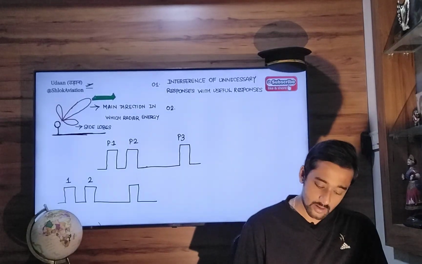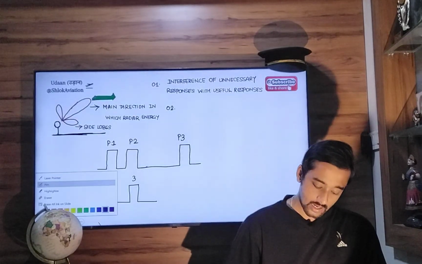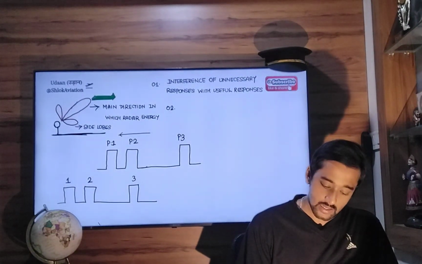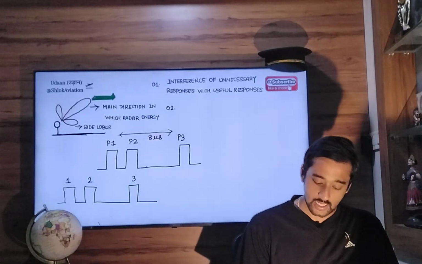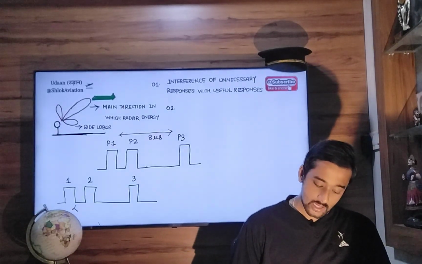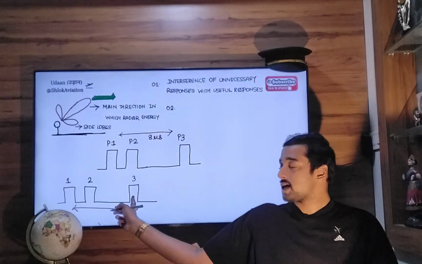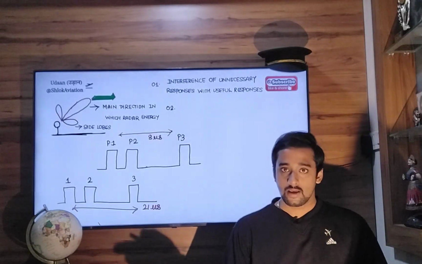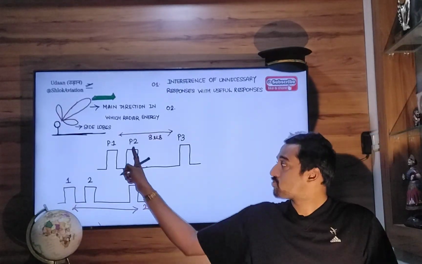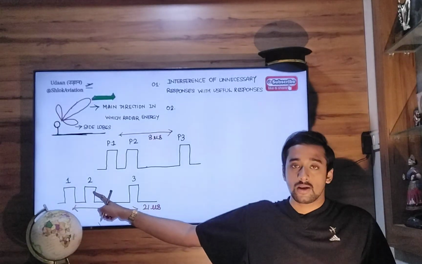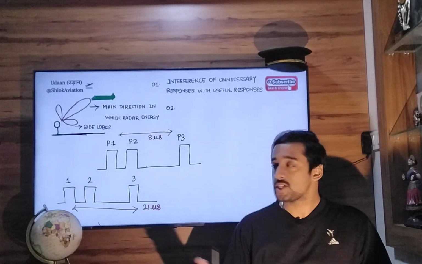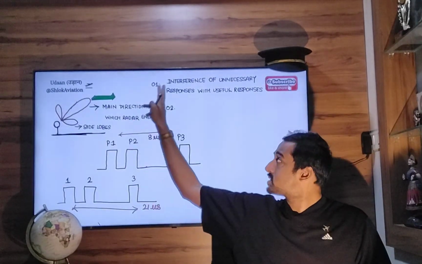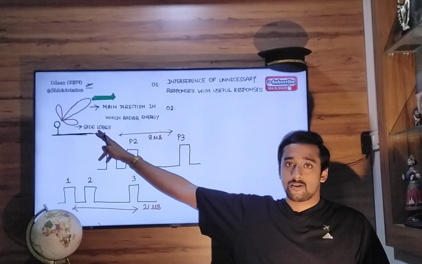In mode A, the distance between P1 and P3 pulse is 8 microseconds. In mode C, the distance between P1 pulse and the last pulse is 21 microseconds. Now in both modes, there is pulse number 2. This pulse number 2 is transmitted in addition to pulse number 1 and pulse number 3 to prevent this interference of side lobes from happening.